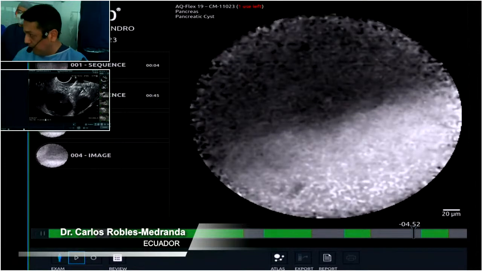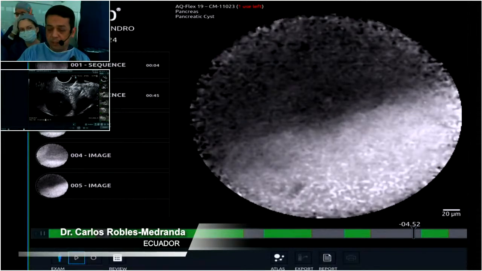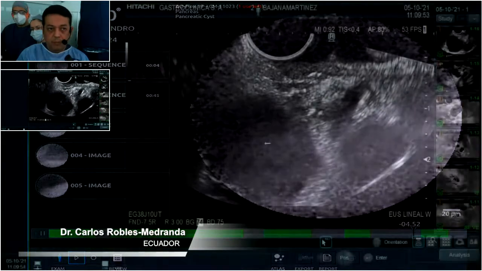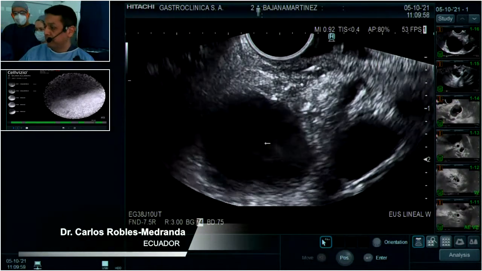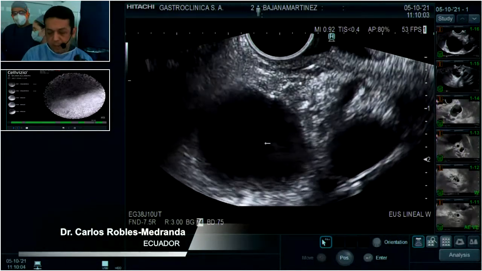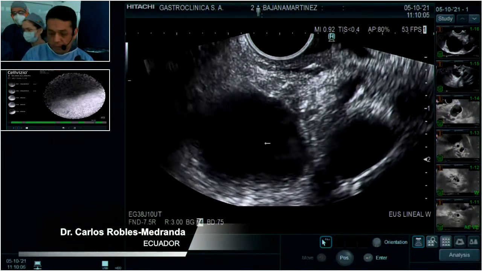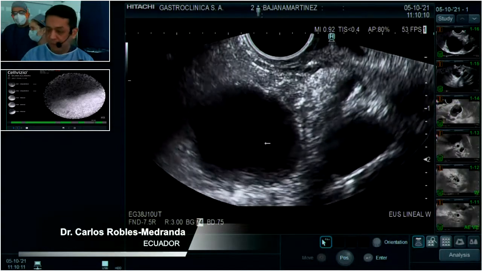First, because this patient has a risk of malignancy, and second, because there is a communication with the main pancreatic duct, so probably this patient needs complete resection of this lesion, and it's in the head of the pancreas.